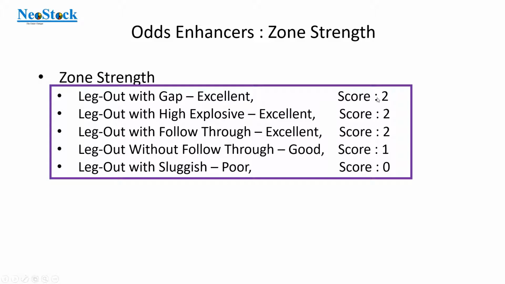For an explosive candle, the score is 2. Leg out with high explosive, leg out with gap, leg out with follow through. If any one of these conditions is met, you have to give the score 2. Any one. If all 3 are existing, still the score is 2 only. In this order, whichever is first, you give priority to that. High explosive, follow through.